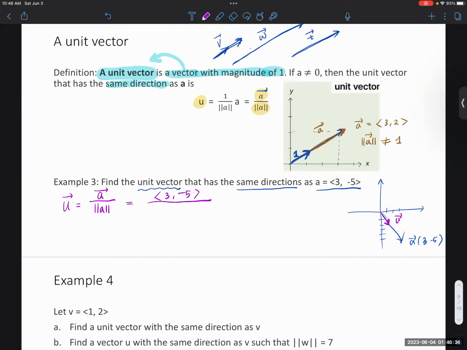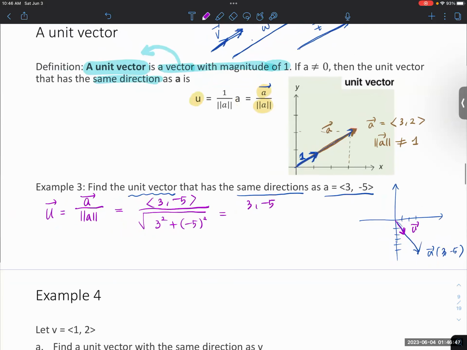divided by, how to find out the magnitude of A? Square root of 3 squared plus (-5) squared. So we're going to calculate (3, -5) over, this is 9 plus 25, which is 34. So the unit vector, we found it.